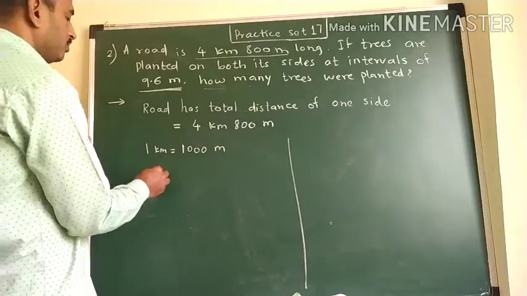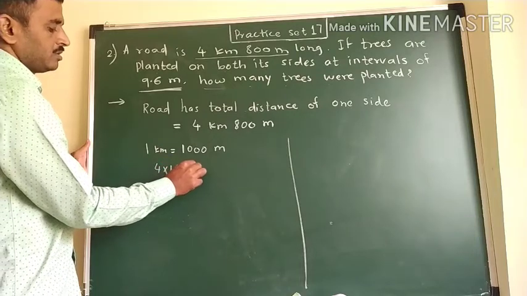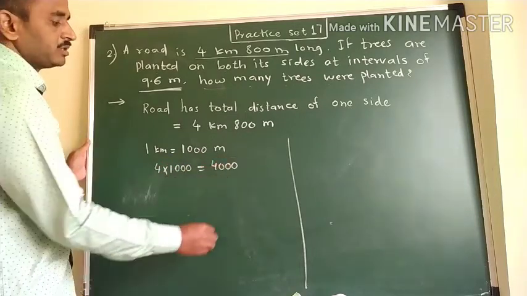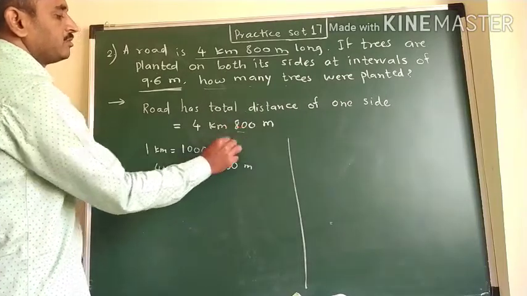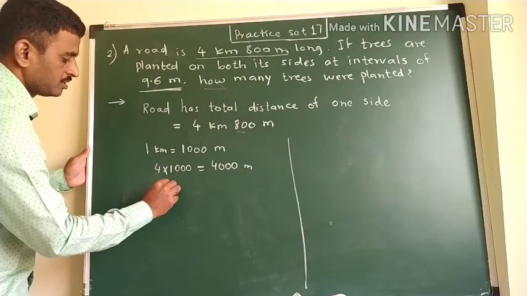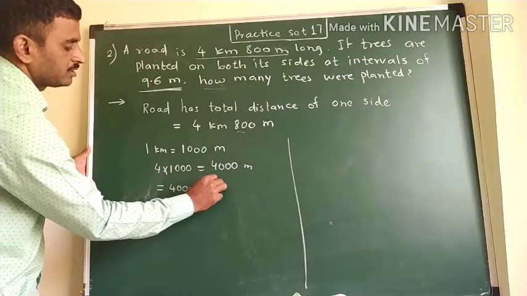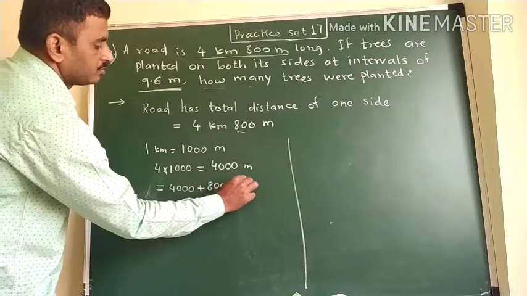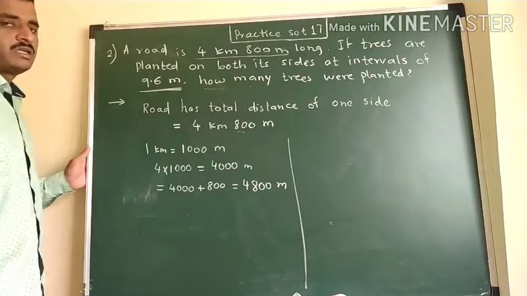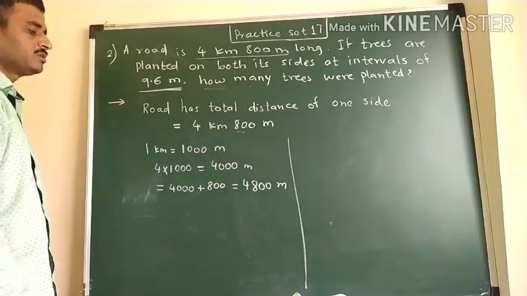That's why 4 kilometer means 4 multiplied by 1000 meter, it comes 4000 meters, and this 800 meters. So 4000 meters plus 800 meters is equal to 4800 meters. Directly also you can write 4800 meters if you know.